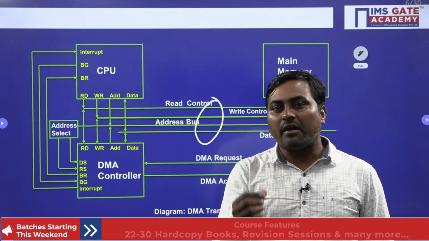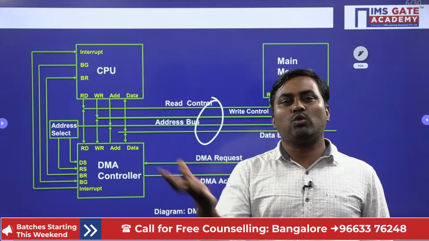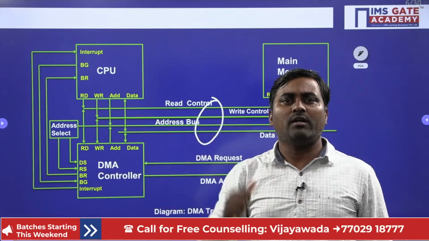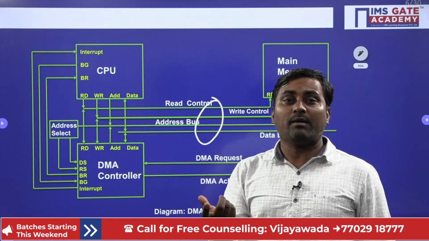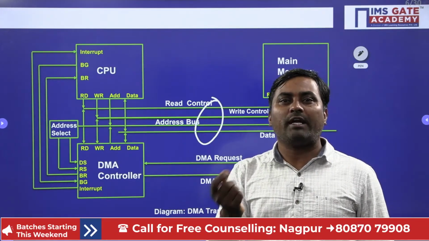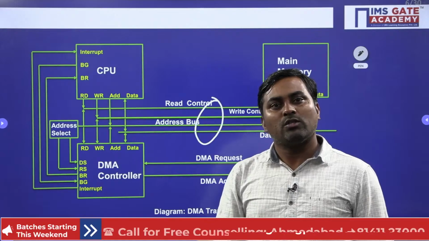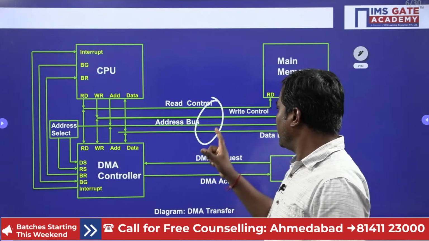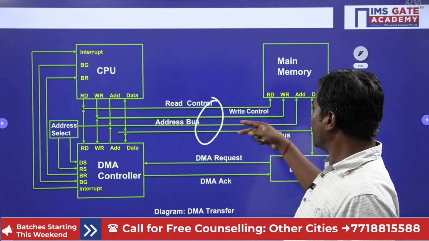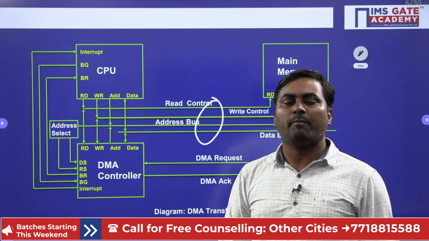The address bus carries the address signals to the particular device or memory to address the location where to read or write the information. The data bus carries the data. The control bus signals what kind of operation is carried out, either a read operation or a write operation, given by the separate read control signal and write control signal.